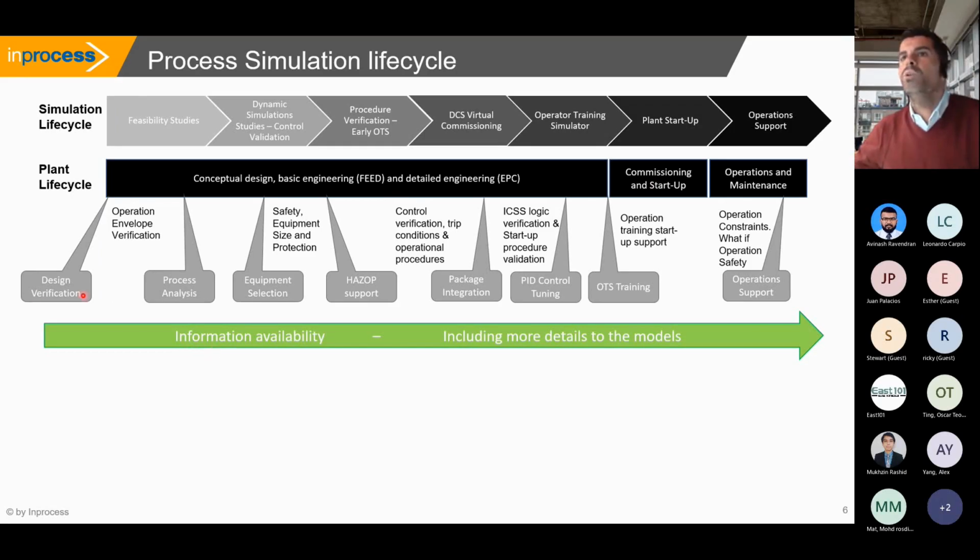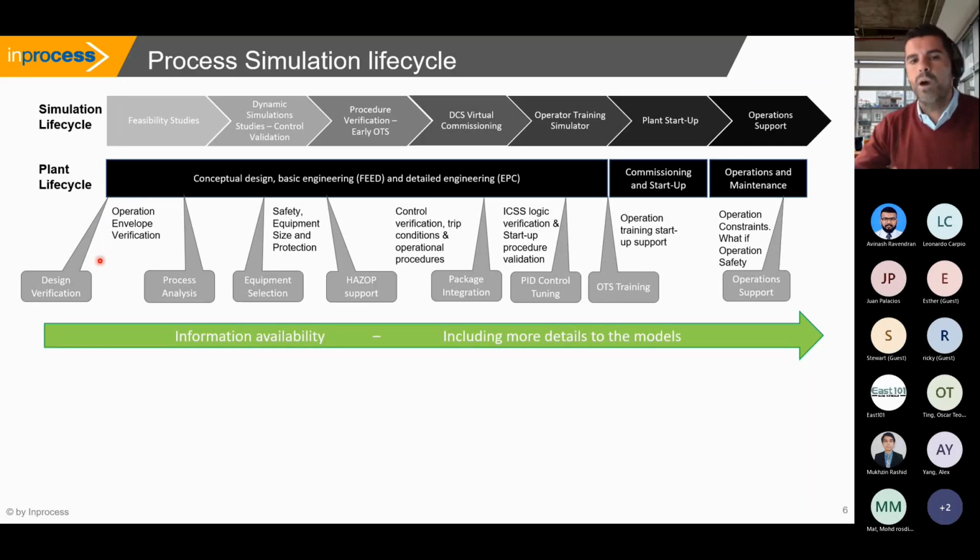Of course, when we start supporting the design verification and the process analysis, we are closely working with the process team, we need to talk in the same language as them, right? And so we use the same process simulation technology that your process team uses. If you are an Aspen HYSYS user, we will support you with Aspen HYSYS Dynamics. If you are a Honeywell UniSim user from your process department team, we will use that technology.